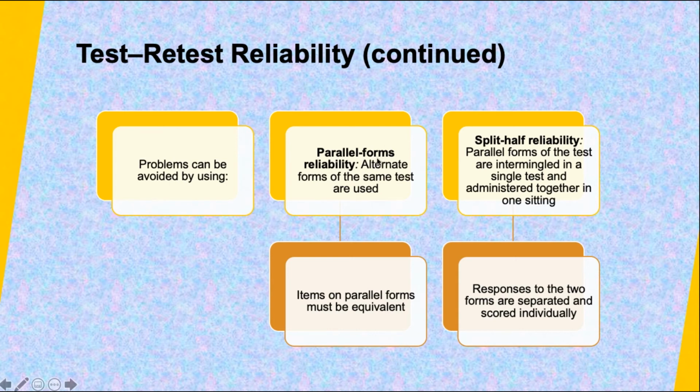So this is the same as test-retest reliability, except that the form of the test used on the first administration is replaced on the second administration by a parallel form. A parallel form contains items supposedly equivalent to those found in the original form.